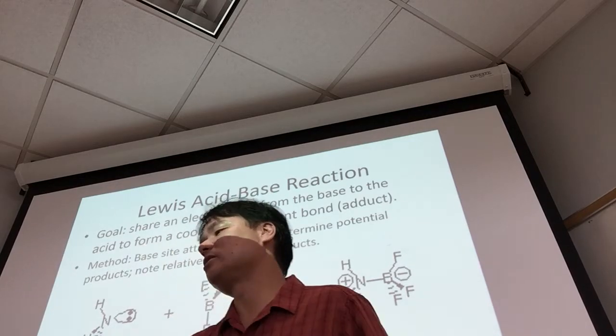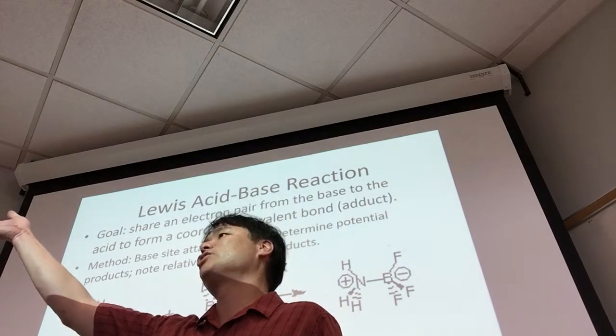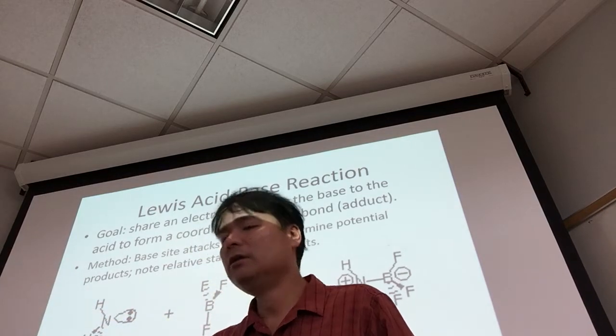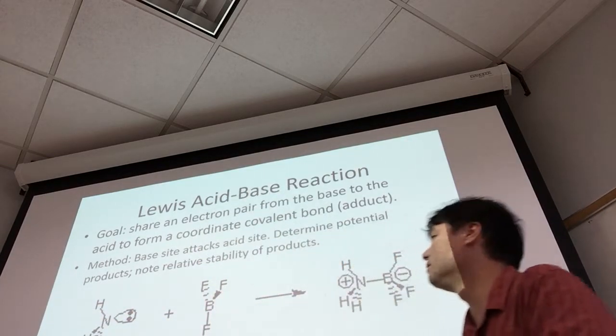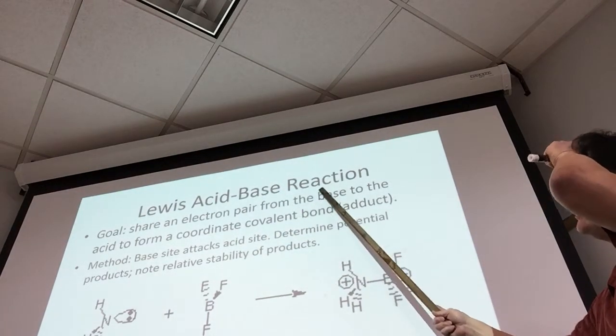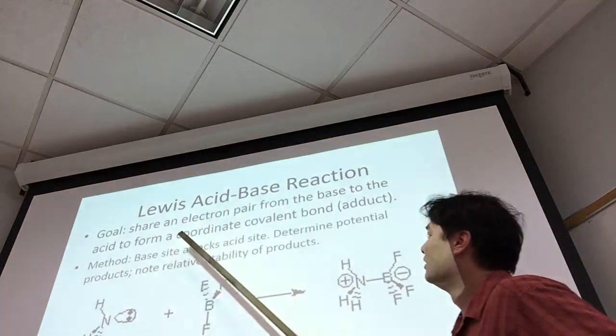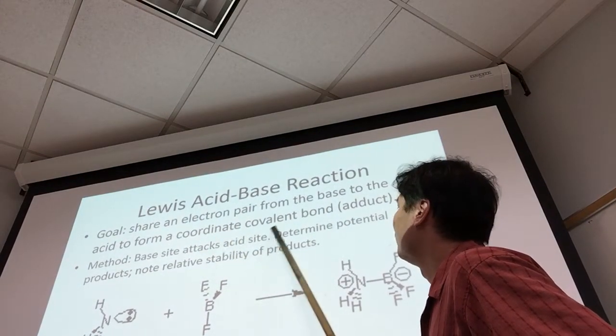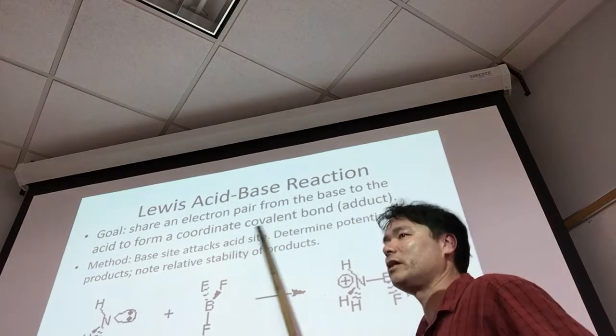So Bronsted is not too bad because for Bronsted, we always have this chart to fall back on. Lewis acid-base reactions are much more difficult. In Lewis acid-base reactions, the goal is to share an electron pair from the base, forming a coordinate covalent bond. Have you ever heard of a coordinate covalent bond?